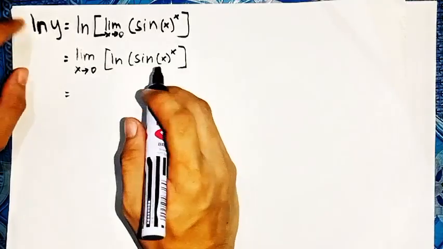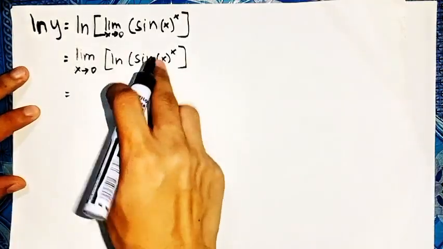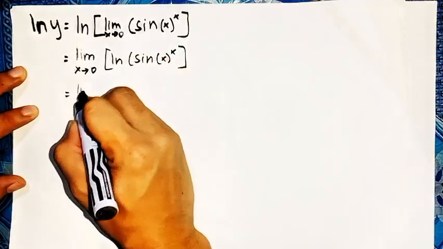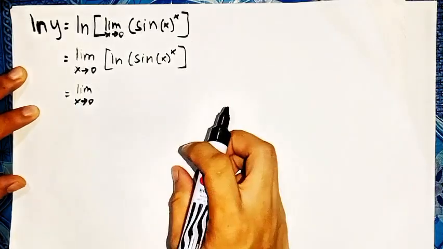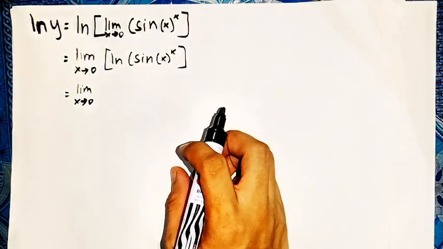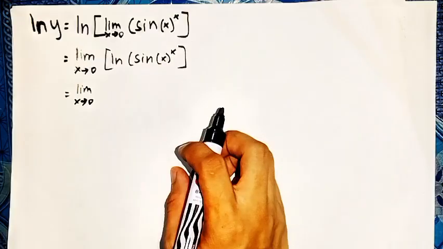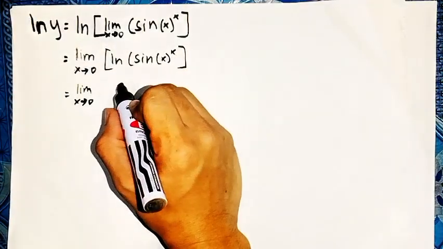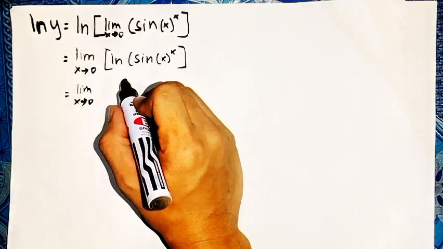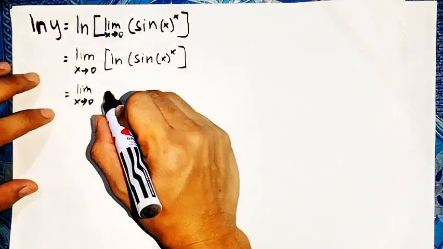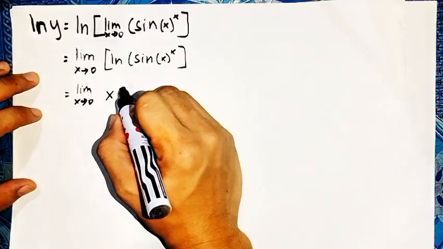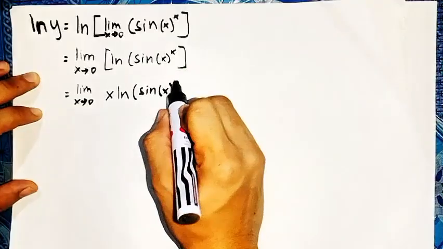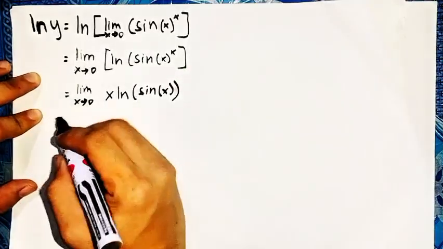Remember that we can rewrite this expression by the rule of logarithms. We can put the exponent in front of our ln. So we have x ln sine x.